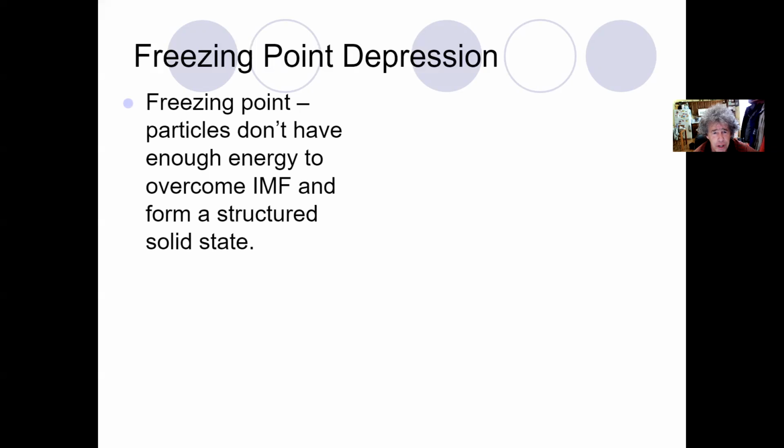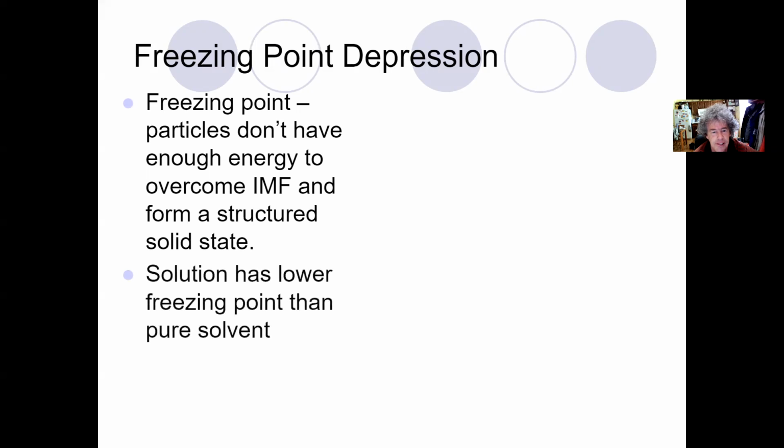With freezing point, particles don't have enough energy to overcome the intermolecular forces and form a structured solid state. So when you have a solution, it actually has to have a lower freezing point than a pure solvent in order to freeze if it is impure and it has some additive in there like NaCl.